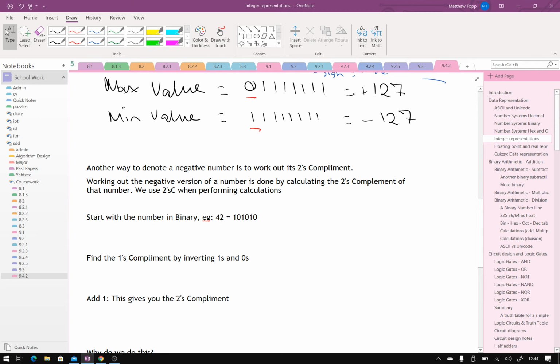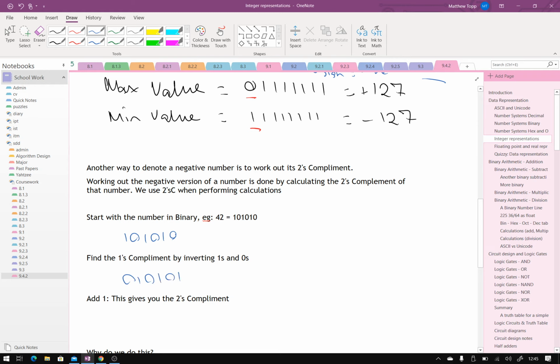All right, so what we're going to do is start with my favourite binary number, 42. 101010. And we're going to work out what minus 42 looks like as a 2's complement. It's a 3-step process, and it's really easy. Start with your number, 101010. Step 1, invert the 1s and 0s: 010101.